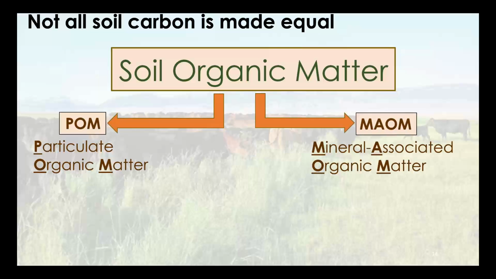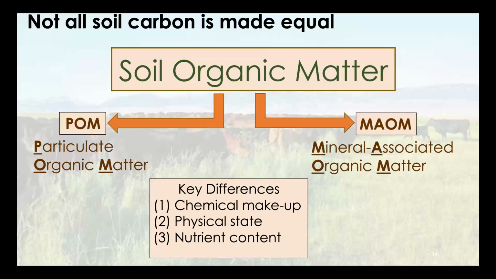We abbreviate these as POM and MOM. These forms behave very differently and ultimately have very different impacts on plant growth, soil structure, and carbon sequestration. The key differences fall under three categories: the chemical makeup, the physical state, and the nutrient content.